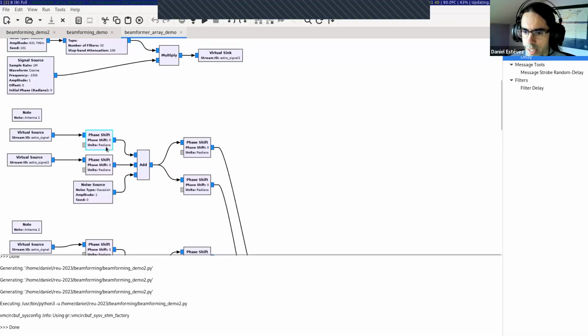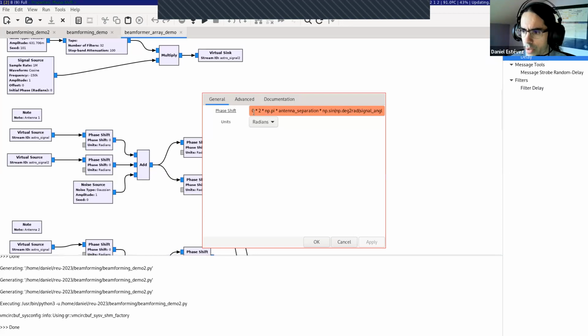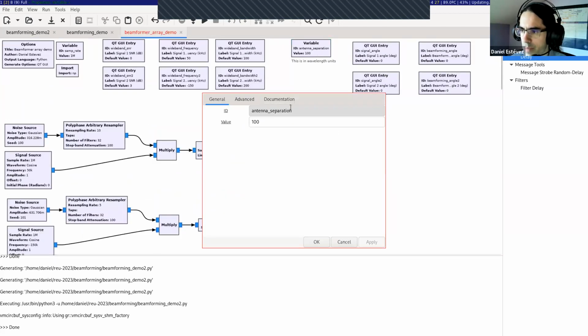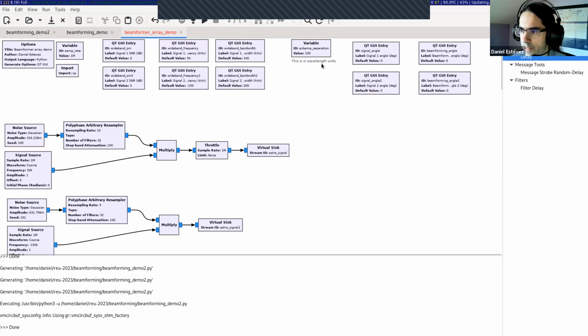So for the first antenna, the phase shift is really 0, but let me try to show where this 0 comes from. So the thing I have here is the antenna separation times the sine of the angle of the signal. And this antenna separation, let me show the variable, is antenna separation, and it is in wavelength units.